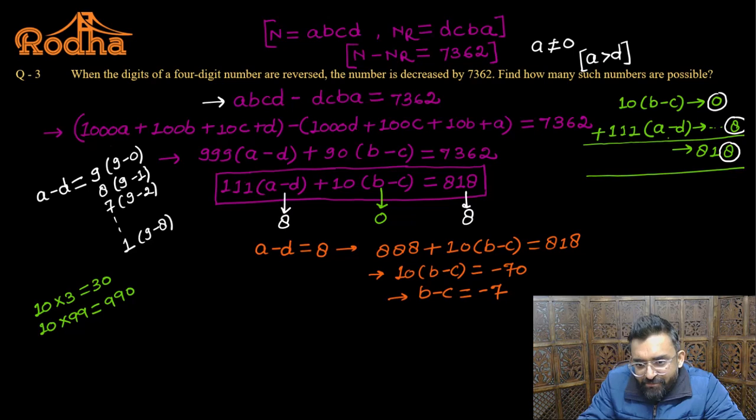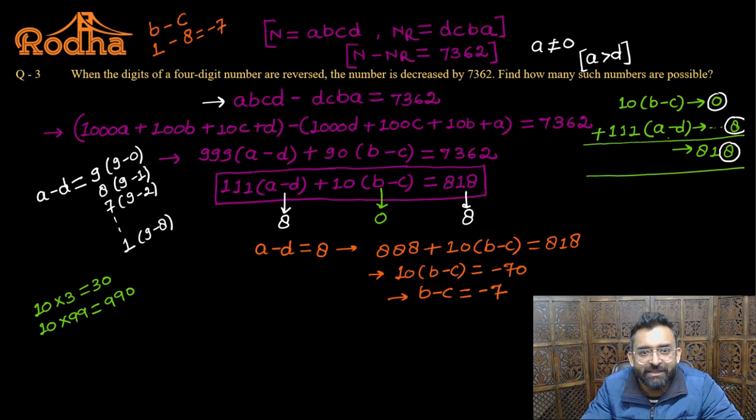Okay. You must be thinking, how can B minus C be negative? Digits are not negative. Digits are not negative, but their difference can be negative. If B is 1 and C is 8, what is B minus C? B minus C will definitely be minus 7. Okay. So conditions are there, but we have to be smart enough to understand where do we apply what. So in this particular situation, we have encountered everything as of now.